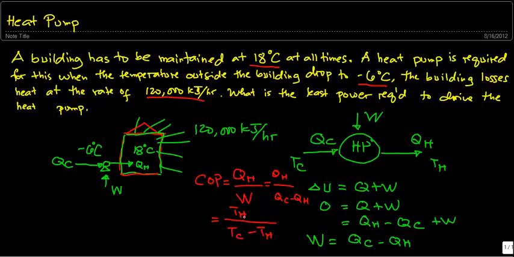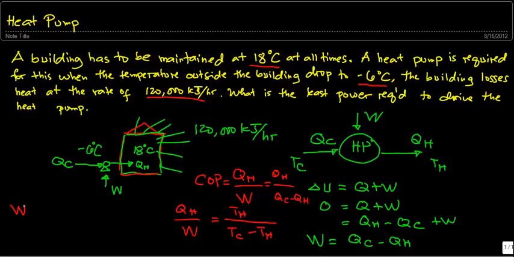In this case, it can be expressed in terms of TH over TC minus TH. And in that case, we can then have QH over W. So what we supply is QH over W. Therefore, if we want to look for W, the minimum work, we solve for it.